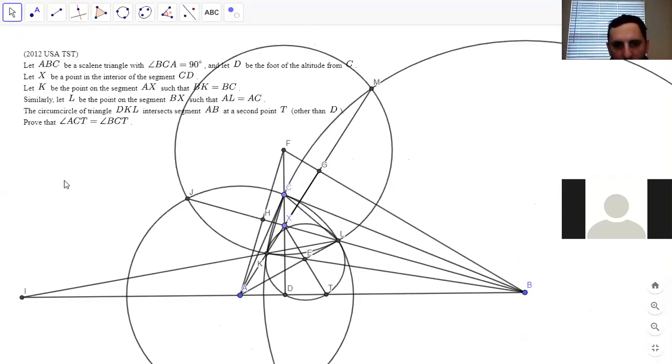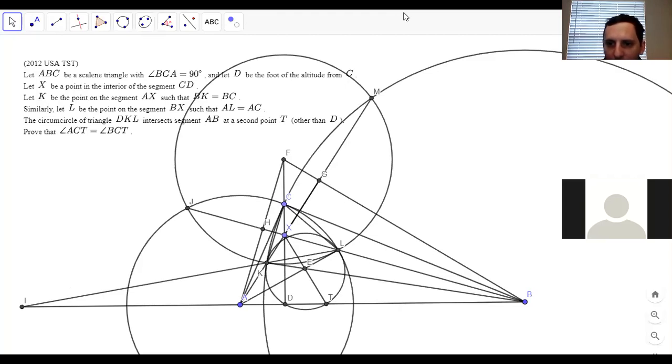So AL squared will be equal to AH times AF. So FL will be perpendicular to AL. Ah, interesting. Okay. JKML. So T is the intersection point of JK and ML.